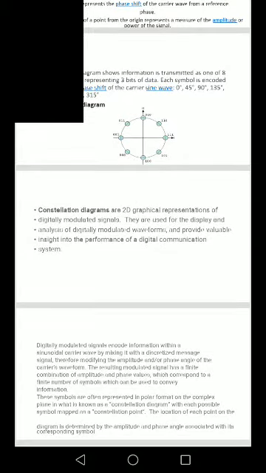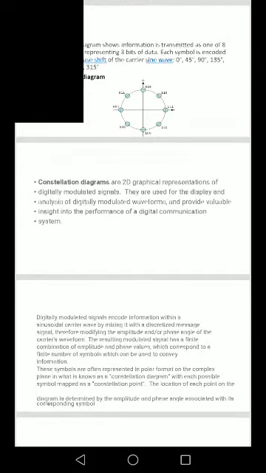Constellation diagrams are two-dimensional graphical representations of digital modulation signals. They are used for the display and analysis of digitally modulated waveforms and provide valuable insight into the digital communication system.